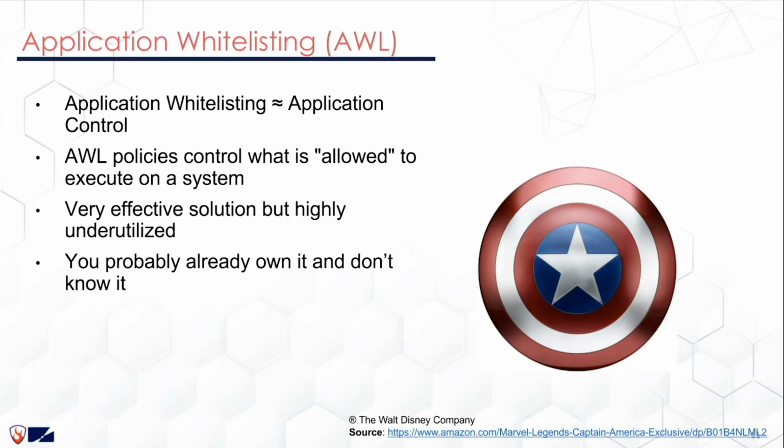Application whitelisting consists of configuring and using different application control policies to allow the execution of approved code, programs, and software. You can also use block rules. They are mildly encouraged to a degree.